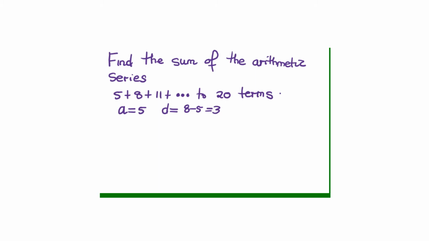You will see it is the same when you say 11 minus 8, which also gives you 3. Then we need to find how many terms we are dealing with, how many terms we are adding. We are adding up to 20 terms, which means our n is equal to 20.